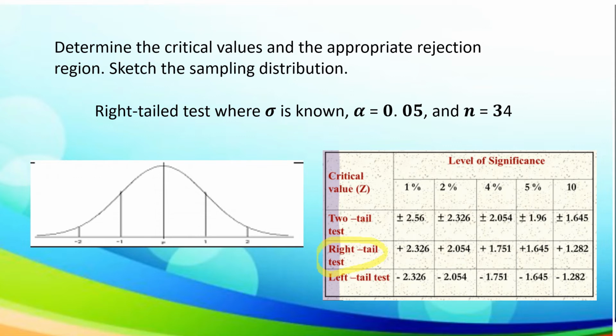Our right-tailed test is illustrated here, and the alpha of 0.05 is here. Therefore, our critical value is 1.645, located on the right side, which is our rejection region.